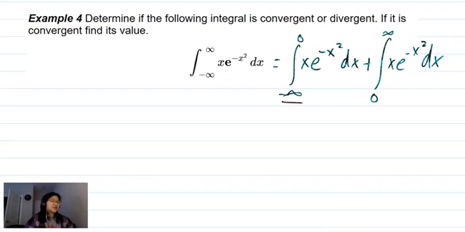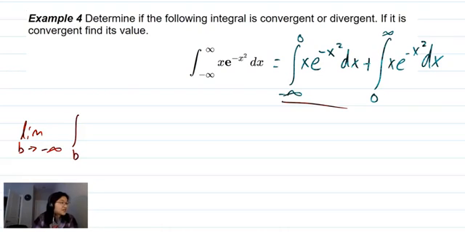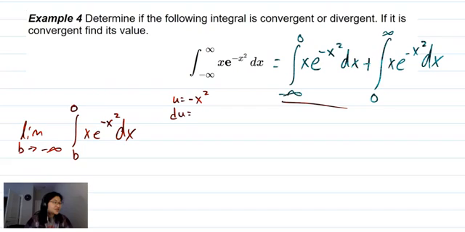I guess we should do this one in red. So let's look. Limit as b approaches negative infinity of the integral from b to 0 of x e to the negative x squared dx. Okay. And then, well, this looks like a u sub, right? Where we say that u is negative x squared, so then du is negative 2x dx.